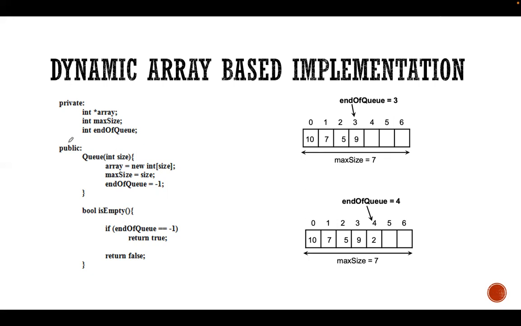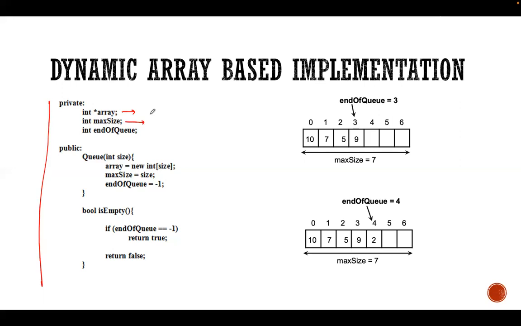So in this implementation, you can see this is going to be the class definition of the queue. All right, so we are implementing this list or queue using the dynamic array. So we'll have this array.